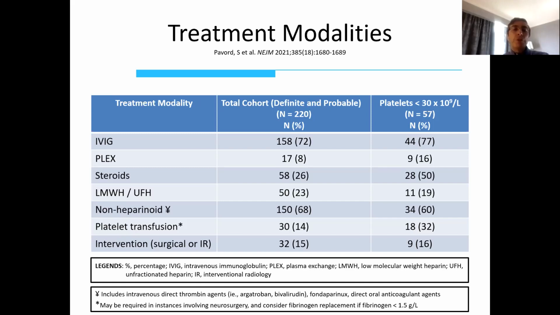And platelet transfusions would have been considered in patients that would have required neurosurgery or endovascular neurointervention, for example, and we wouldn't forget to replace fibrinogen if that was the case. Next slide, please.